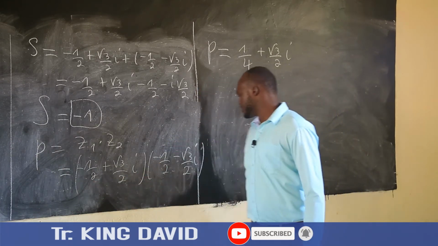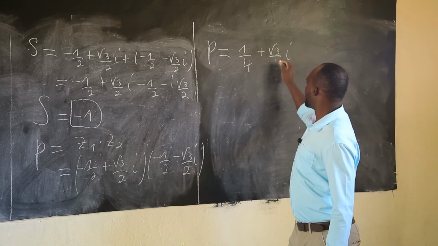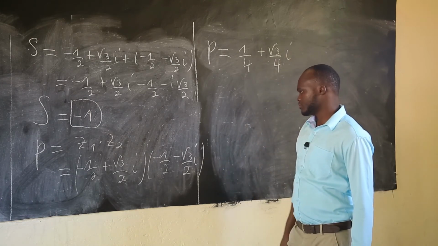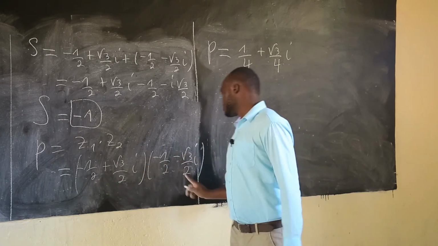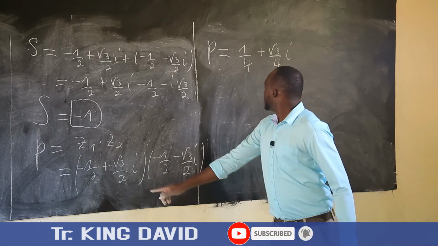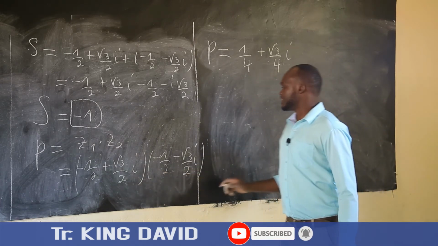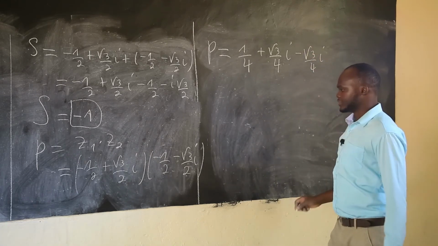Negative half times negative root 3 over 2 is positive root 3 over 4i, because negative times negative is positive. Then root 3 over 2 i times negative half is negative root 3 over 4 i, so these two cancel.